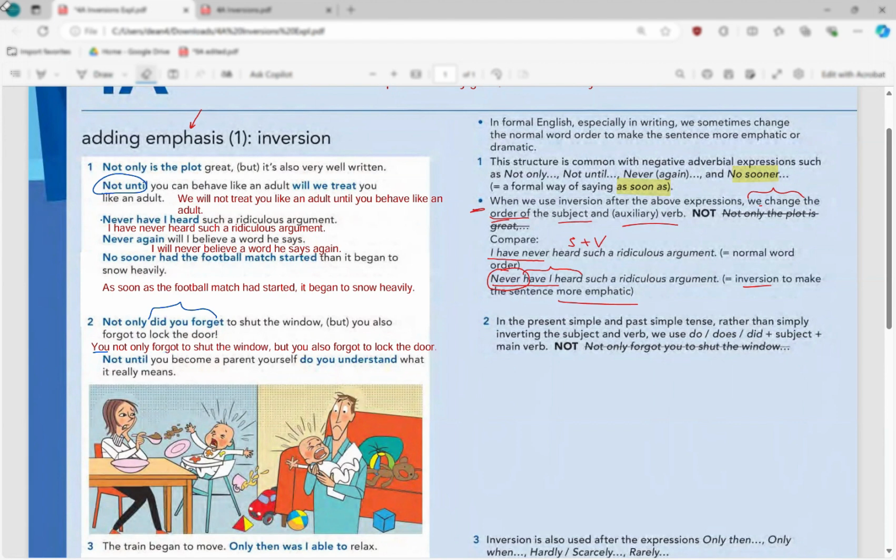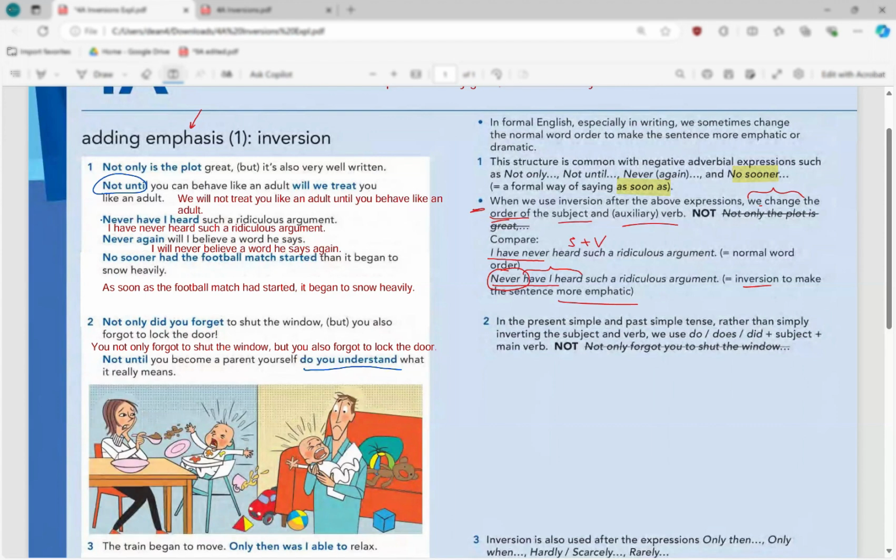Another example for present simple now. Not only you become a parent yourself, do you understand? Look at that. Do you understand is a question format, but it is not a question. It is inversion. Okay. So like, until you become a parent yourself, you don't understand what it really means. Or the other way around.